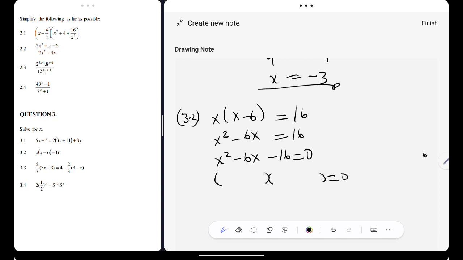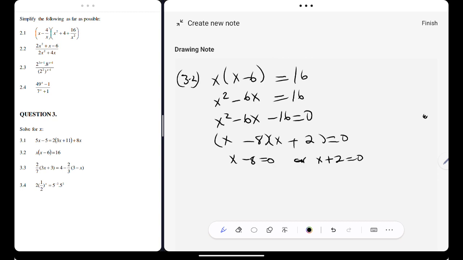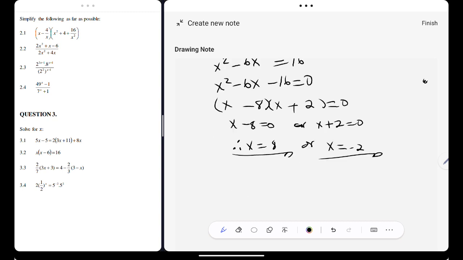I want the factors of 16 that when I subtract will give me 6. And those factors are just 8 and 2, minus and plus. Whenever I have two things multiplied, and the answer is 0, it simply means the first thing is 0 or the second one is 0. Then therefore x is equal to 8 or x is negative 2. All together.